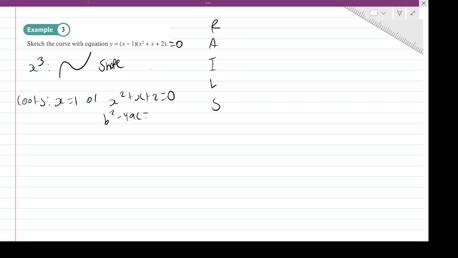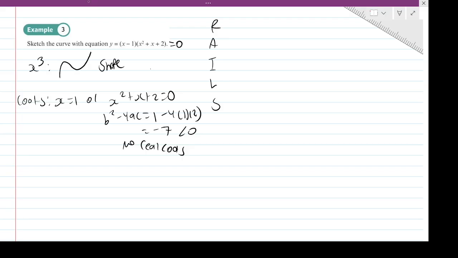B squared minus 4ac will be 1 squared, which is 1, take away 4 lots of 1 lots of 2. That would be negative 7. 1 take away 8 is negative 7. That's negative, so no real roots. So actually that's telling me there's only one root here. So it only crosses the x-axis at 1, okay?